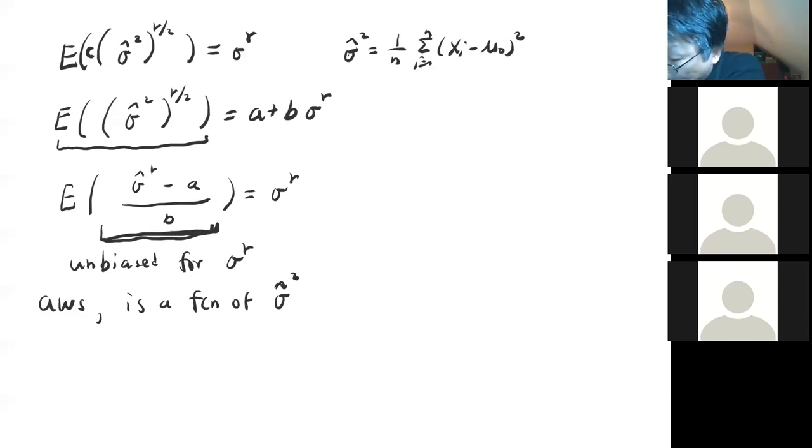Agree? You can think about it. I can always write this as the square, then taking the gamma out. Does the inside look like a function of sigma squared?